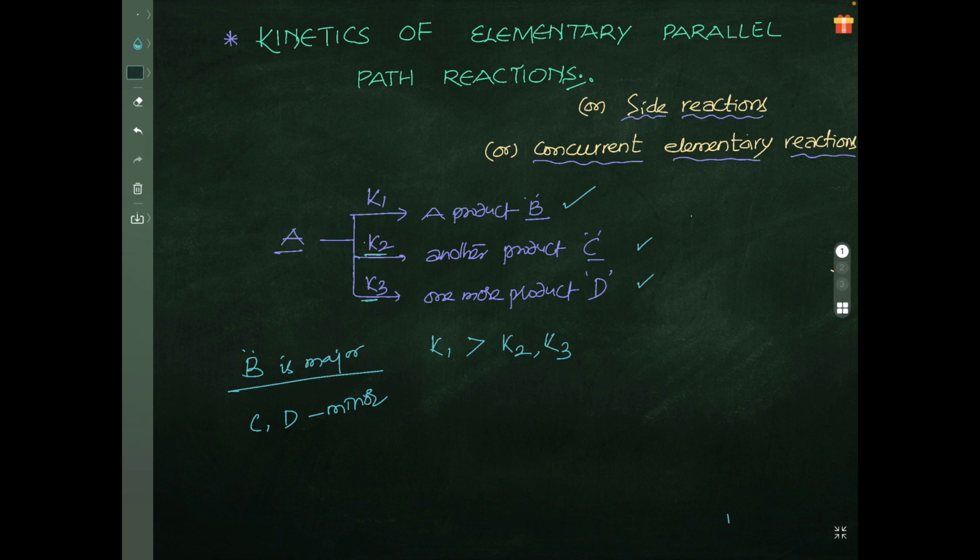Very simple logic. The reaction in which the maximum yield of product is obtained is called the major or main reaction. And the remaining reactions you can call parallel or side reactions. Here this is the main reaction, major, and these two are parallel. If I take this condition, K1 is greater than K2 and K3, B is major, C and D are minor.